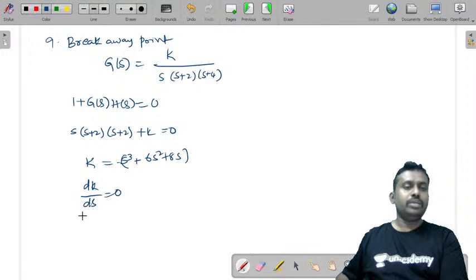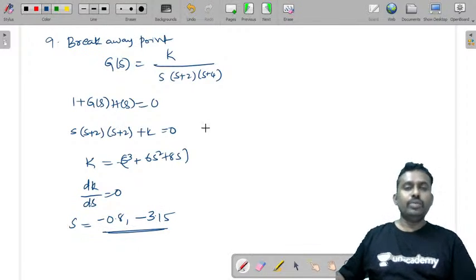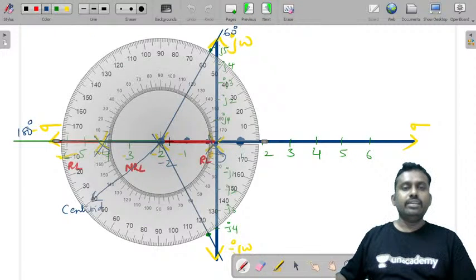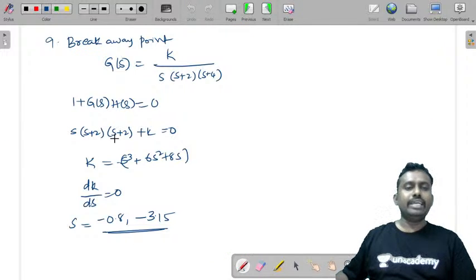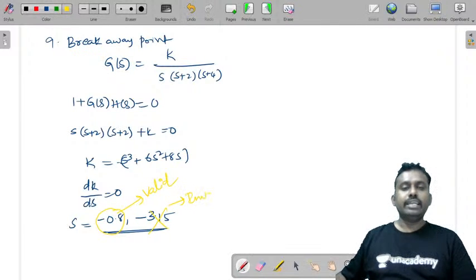Differentiate this and make it equal to 0, you get 2 points. S is equal to minus 0.8 and minus 3.15. These are the two values that you get, and the breakaway point must be between 0 and -2. By inspection we can say that this is a valid breakaway point and this is an invalid breakaway point, because at this point you don't have any root locus.